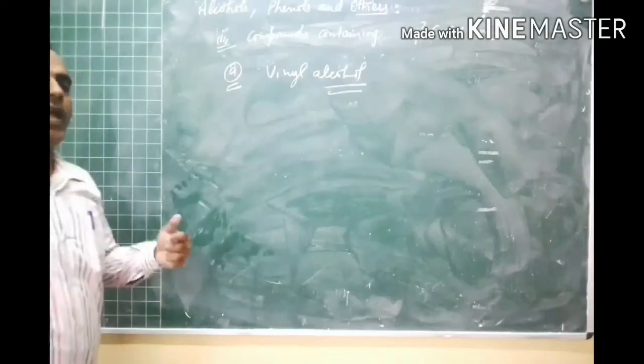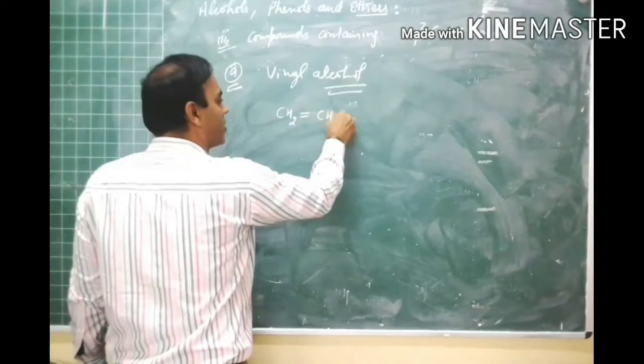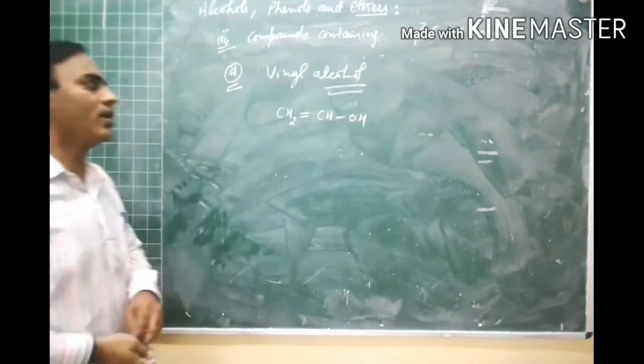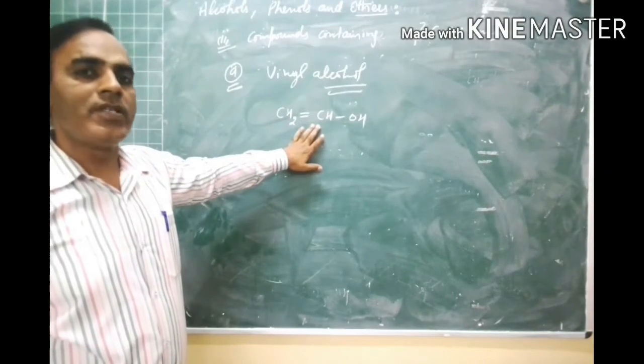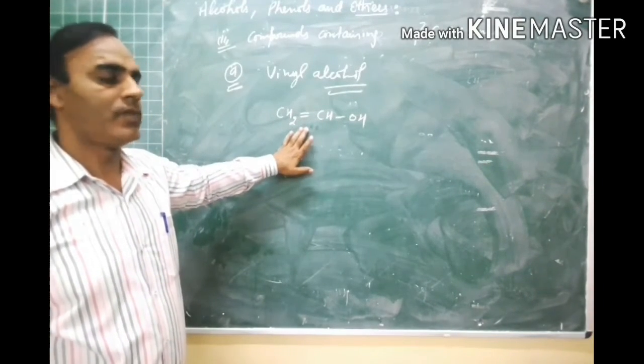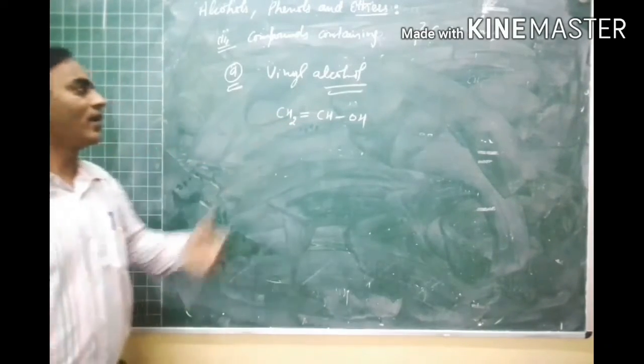Right. Vinyl alcohol, for example, CH2=CHOH. So in this type of alcohol, the OH group is bonded to that carbon which is double bonded to another carbon atom. So this type of alcohol is known as vinyl alcohol.